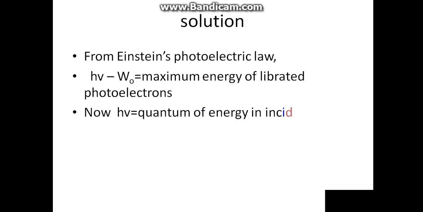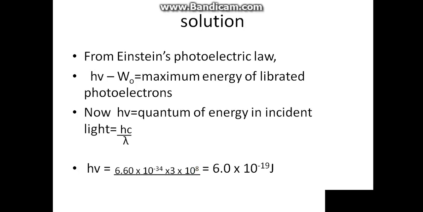Now, hv is equal to the quantum of energy in incident light, which is equal to hc over lambda. Substituting the values, we have 6.60 times 10 raised to the power minus 34 times 3 times 10 raised to the power 8 all over 3.3 times 10 raised to the power minus 7, which is equal to 6.0 times 10 raised to the power minus 19 joules.